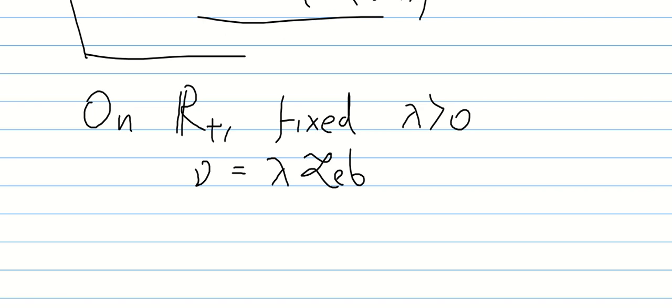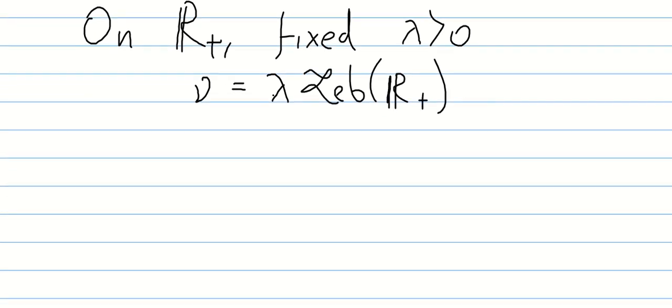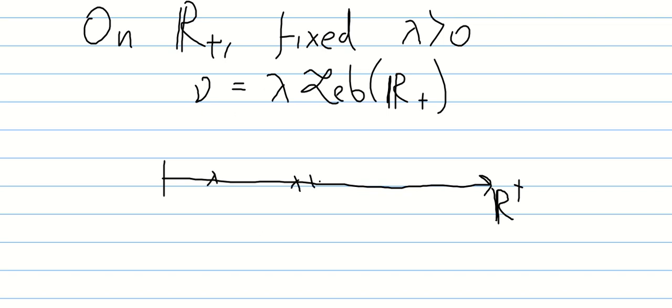So let's consider R plus here. And we can define the Poisson point process on R plus with this intensity measure nu. So it's going to give us some points, right?